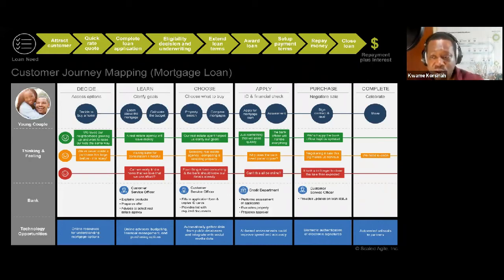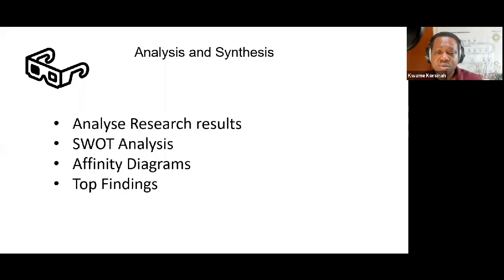What are the key things we've talked about in the analysis stage? We've discussed how we analyze our research results. We looked at our empathy maps, our documents, our processes, our business artifacts, and then our policies.